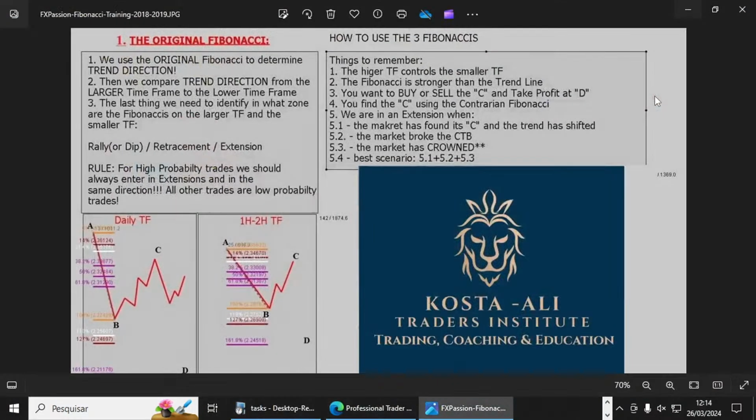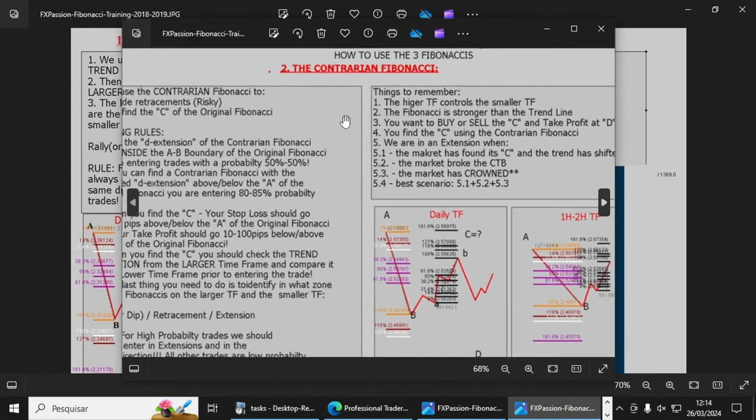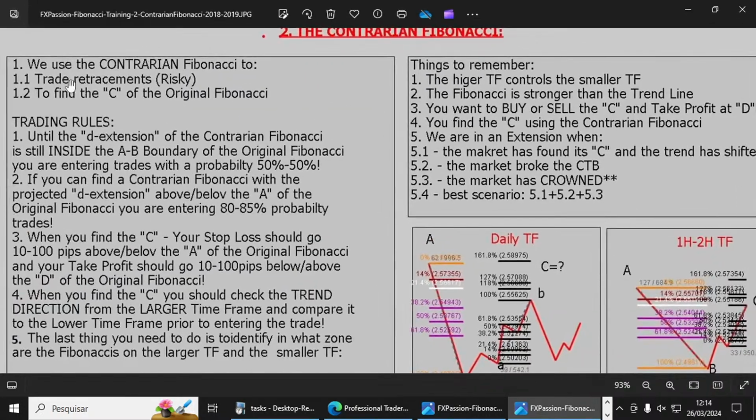Next, the Contrarian Fibonacci. We use the Contrarian Fibonacci to trade retracement.